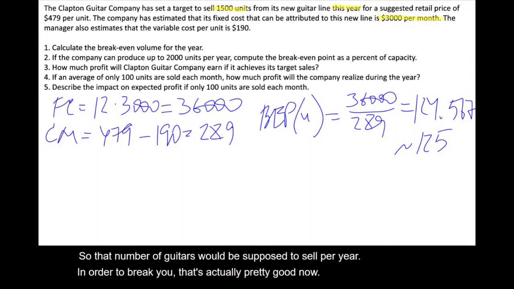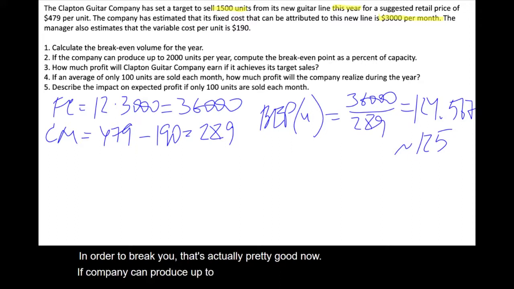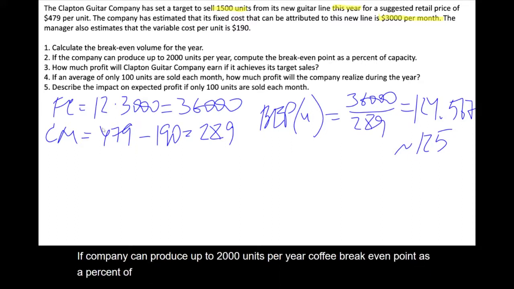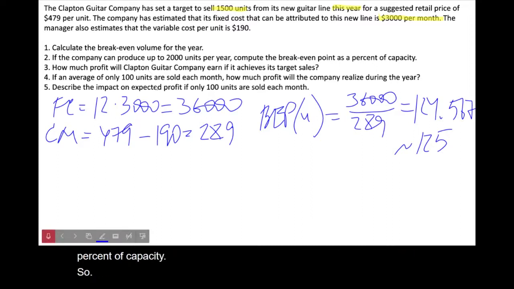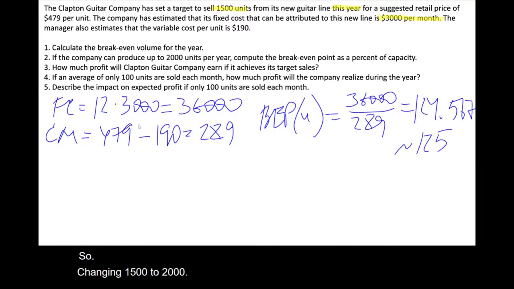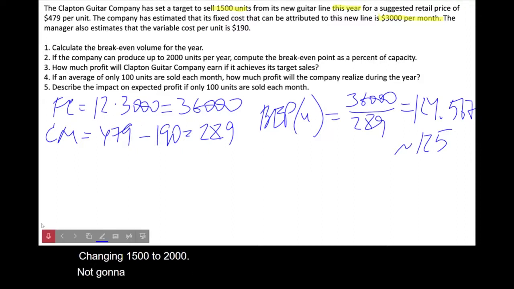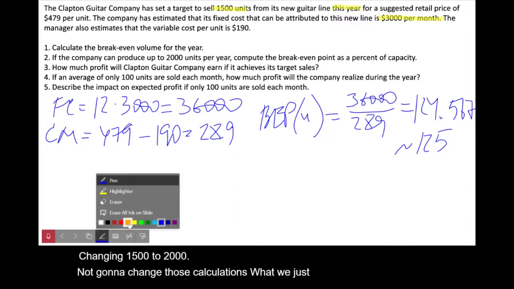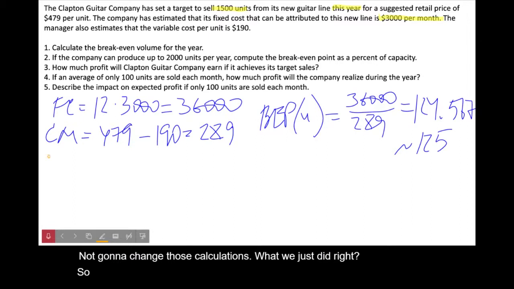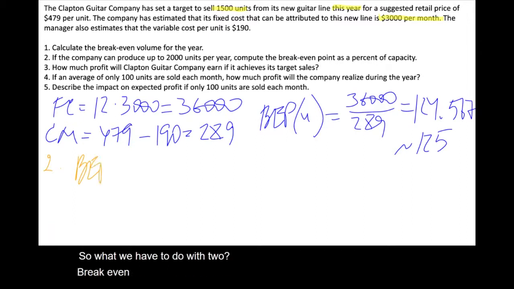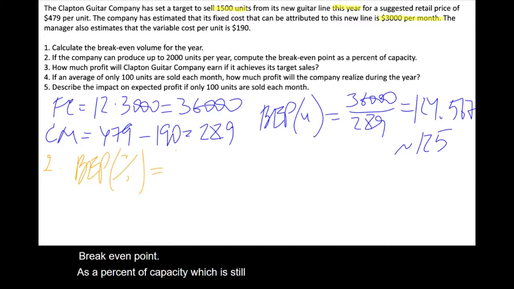If the company can produce up to 2,000 units per year, compute the break-even point as a percent of capacity. Changing 1,500 to 2,000 is not going to change the calculations we just did, right? So to get the break-even point as a percent of capacity, we just take the break-even point we calculated over 2,000.